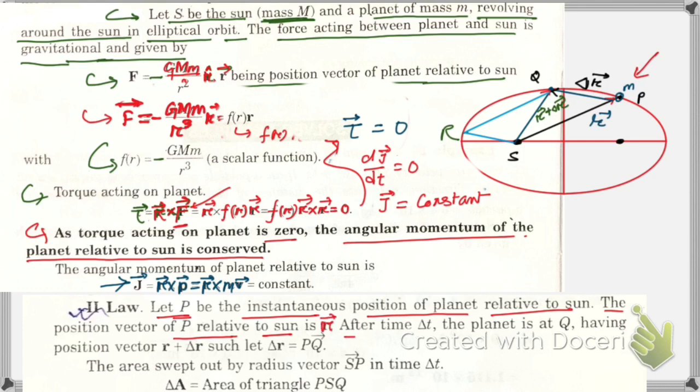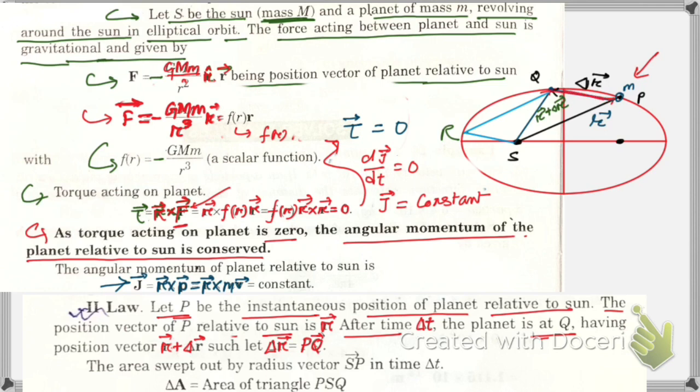So after time del t, the planet is at Q, having position vector R vector plus del R vector. Then the displacement del R is nothing but the PQ vector, the displacement from P to Q.